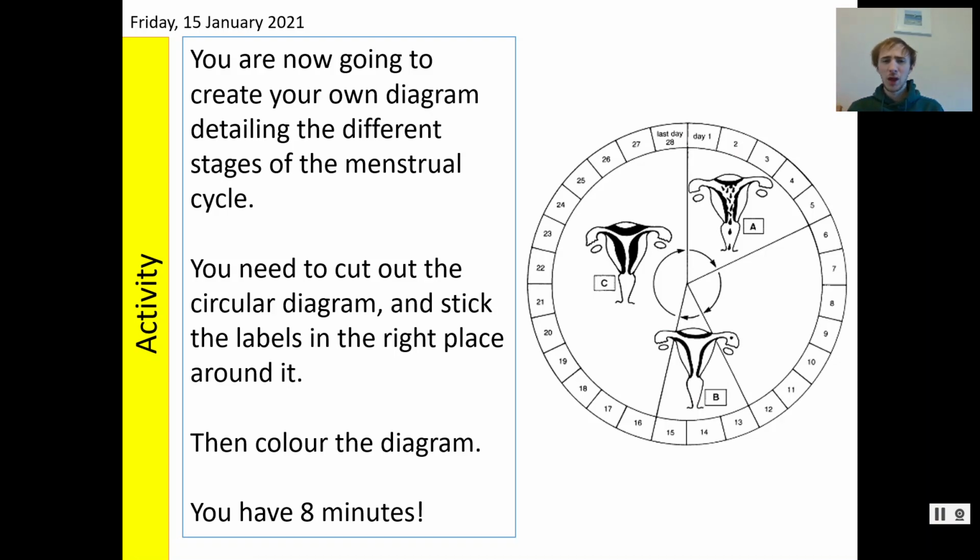So, for instance, one of the boxes will say menstruation is happening. That needs dragging up top right here. You need to end up with a filled-in diagram with the correct text in the right places and colour them in the right areas so you can see what's happening each time.